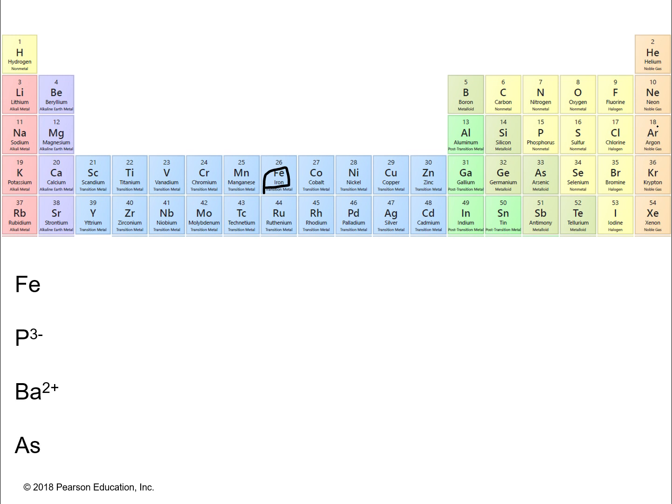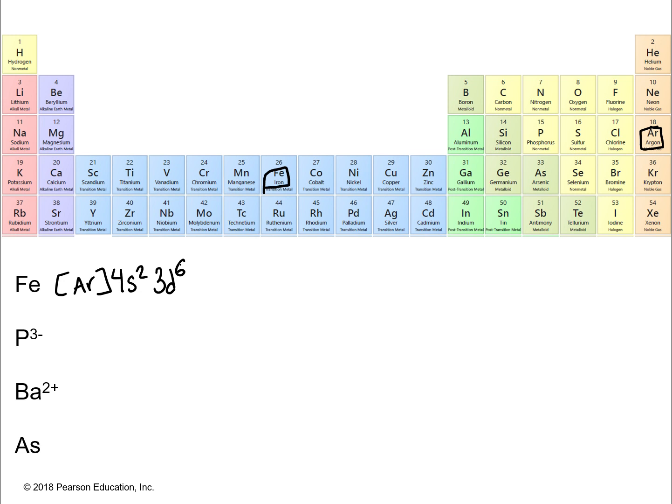So that means we're going to use the noble gas from the previous period, which is period 3. That's argon. Then we write in everything that's in between argon and iron. That's 4s2. And then 3d 1, 2, 3, 4, 5, 6. Let's do the next one.